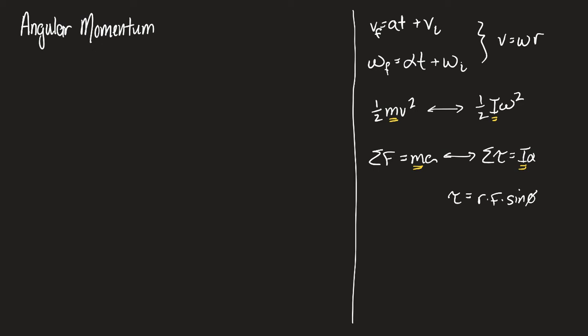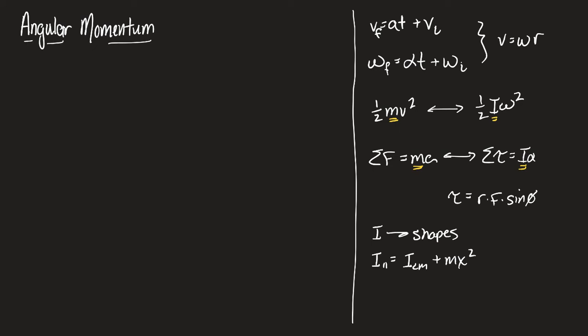In most cases, forces were pretty straightforward to calculate, while torques were a little more complicated. And moment of inertia is more complicated too. You have moment of inertia by shapes, and things like the parallel axis theorem. All of these things gave the rotational portion more to keep track of. So angular momentum is going to be the final piece of that.